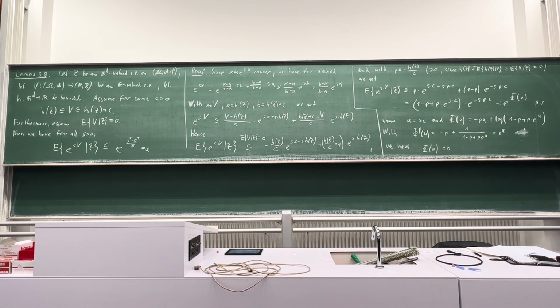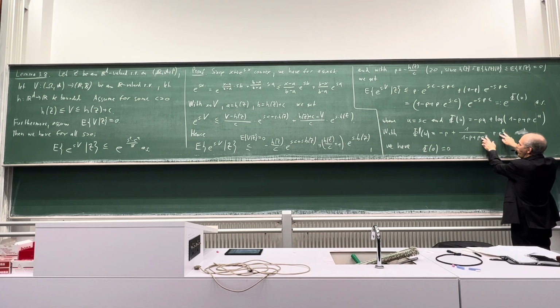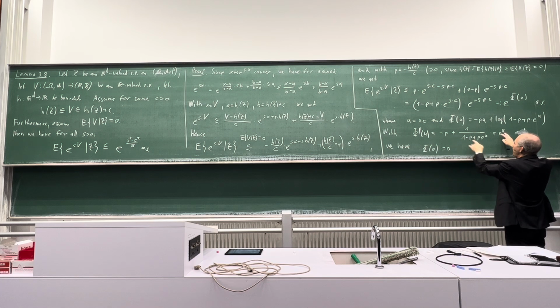What is phi prime of 0? It's also 0, because the exponential will be 1, so the whole denominator will be 1, and it's minus p plus p, which is 0.